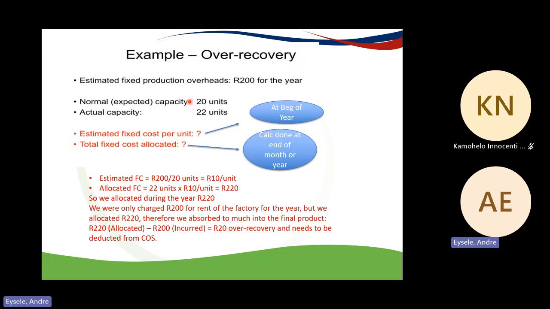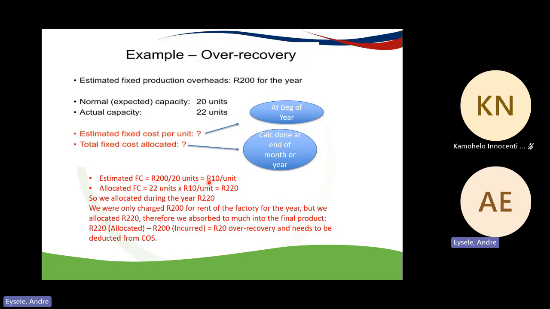Okay, so when we allocate the estimated fixed cost per unit at the beginning of the year, and the calculation is done at the end of the year, the total fixed cost allocated. So what is our estimated fixed cost? It is 10 Rand per unit. Coming to the end of the year, we know we have made 22 units. So 22 units times 10 is 220 Rand.